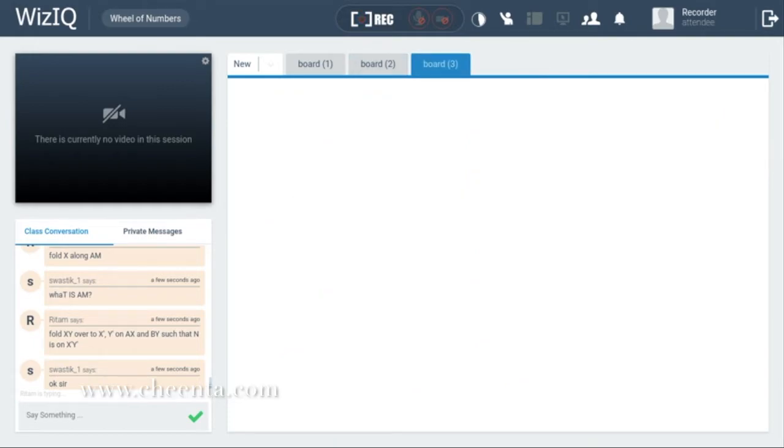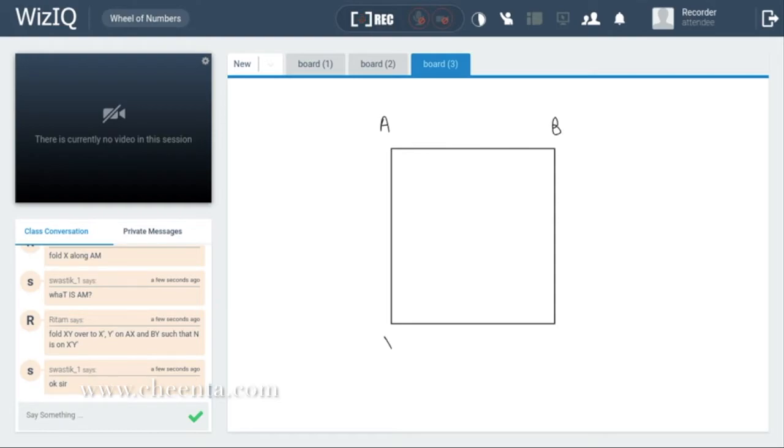So let me put the square here one more time. Let's quickly draw what we have already drawn. We have A, B, X, Y. This is 0, 0. This is 1, 0. This is 0, 1. This is 1, 1. We fold it in the middle to get the point M and the midline. We then fold it along the diagonal BX.